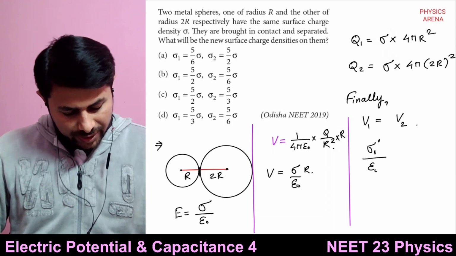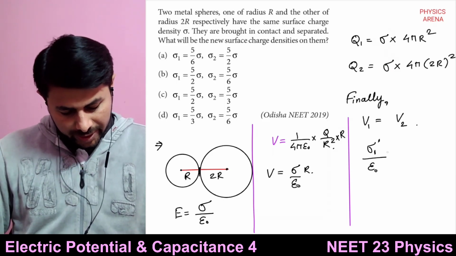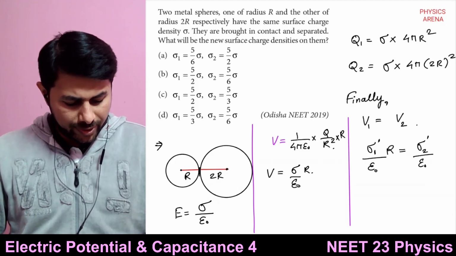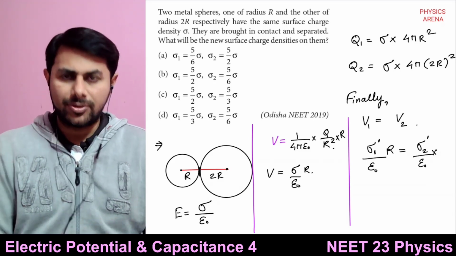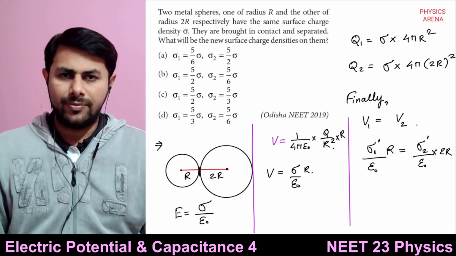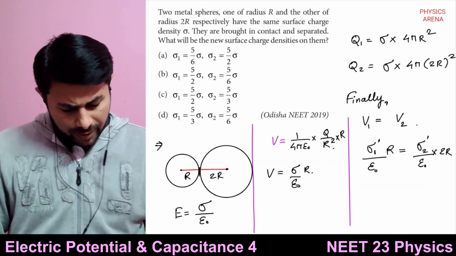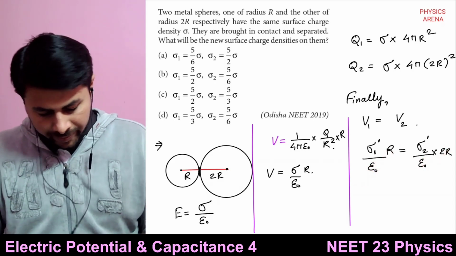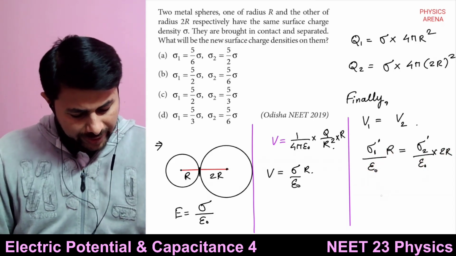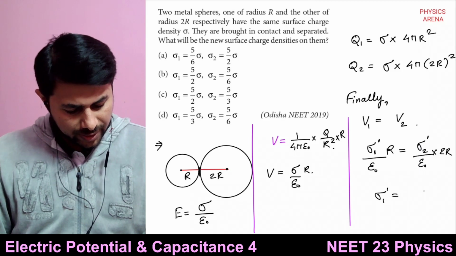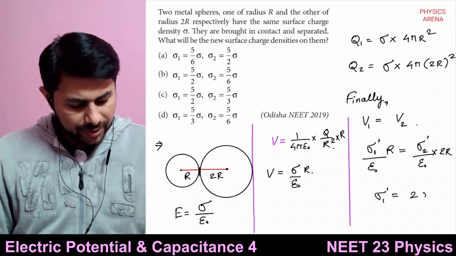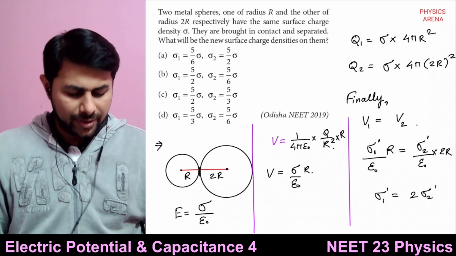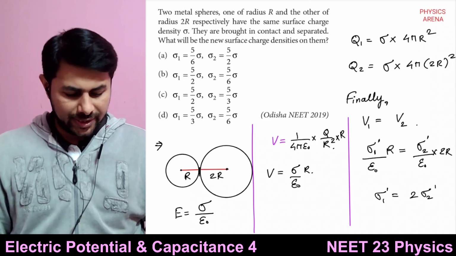So sigma 1 dash upon epsilon naught multiplied by r is equal to sigma 2 dash divided by epsilon naught multiplied by what? What is radius of second sphere? It is 2r. Okay. Then this r and r gets cancelled, epsilon naught gets cancelled. So we get sigma 1 dash is equal to 2 times sigma 2 dash.